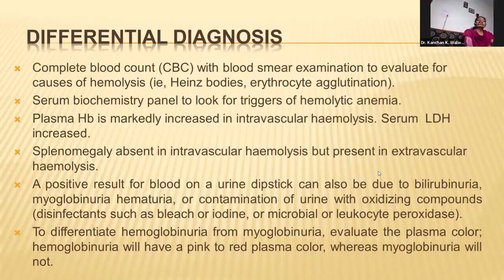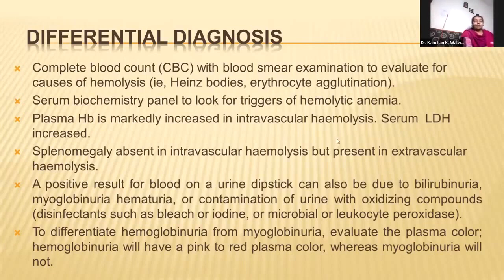Then how to go for differential diagnosis? A complete blood count is to be seen. If there is a reduced amount of RBCs and other things like WBCs are normal, then we can suspect some non-infectious cause, because in an infectious cause the WBC picture is definitely going to be high.